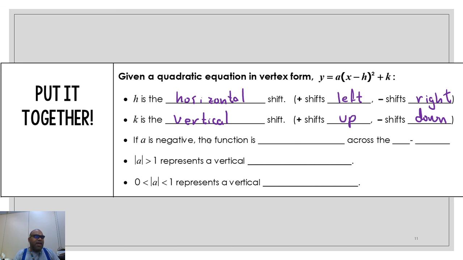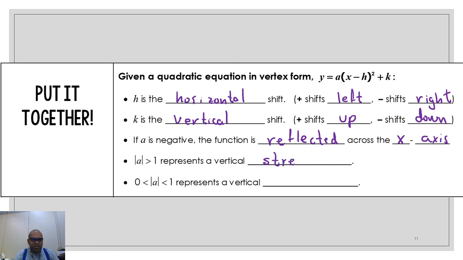If A is negative, the function is reflected, guys, like a mirror. Where is the mirror, mister, for when you have this kind of situation? Across the x-axis. Here's my mirror. Great. When the absolute value of A is greater than 1, it represents a vertical stretch.